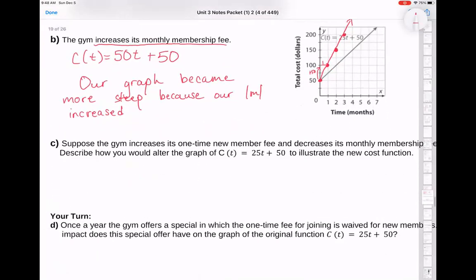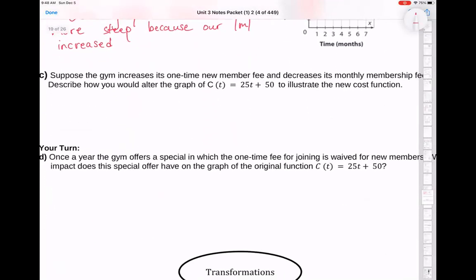Now for C, suppose that the gym increases its one-time membership fee and decreases its monthly membership fee. So how would then that change the graph? So again, it is increasing its one-time new member fee, but then it decreases its monthly membership fee.